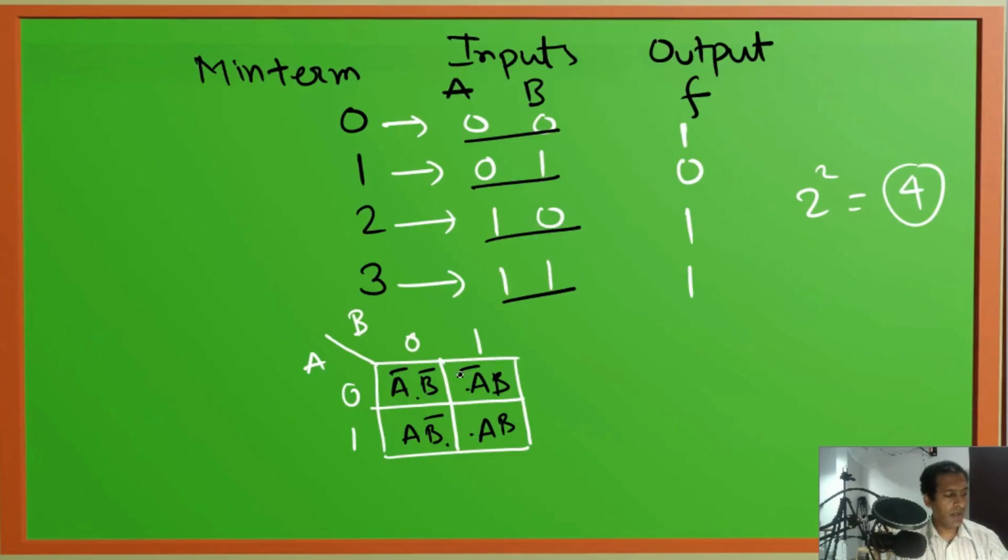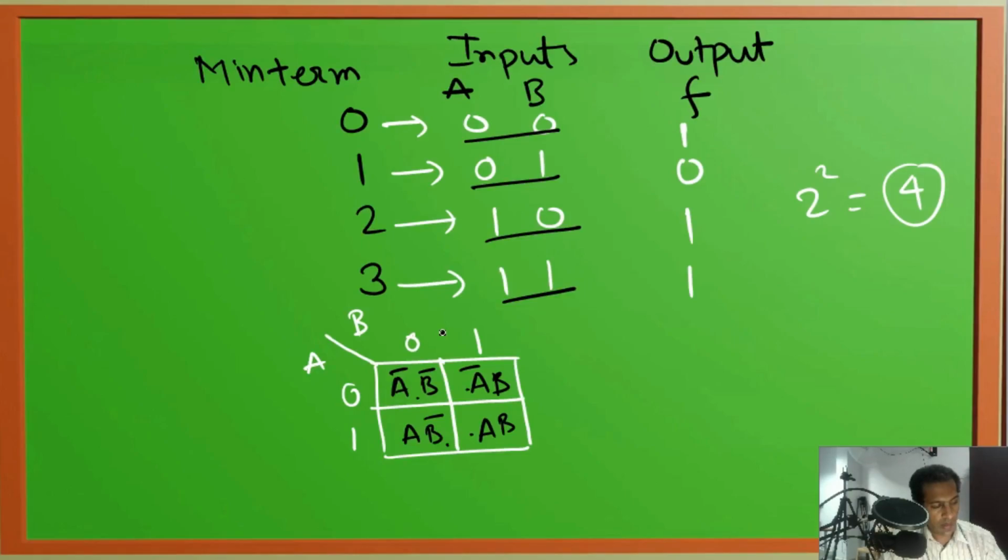Now how to minimize the SOP function? To minimize these functions, if given in SOP form, by using K-map, we have to look for the adjacent squares having ones, that is min terms adjacent to each other, and combine them to form larger squares to eliminate some variables.